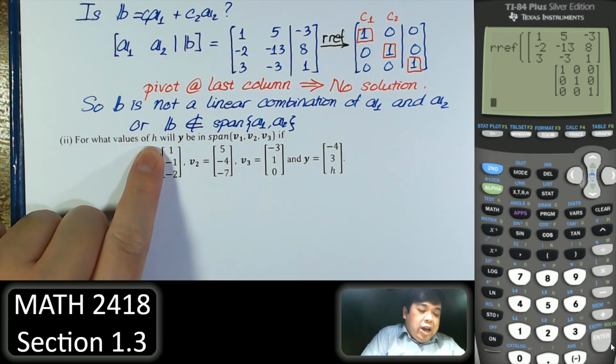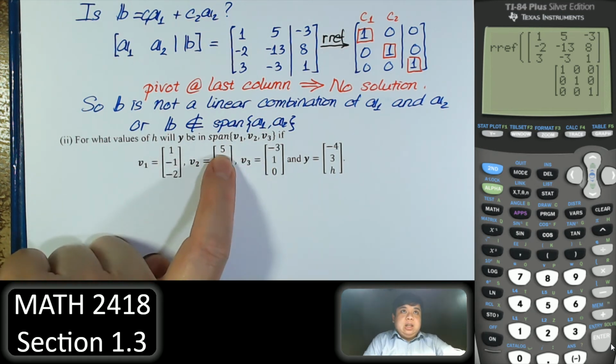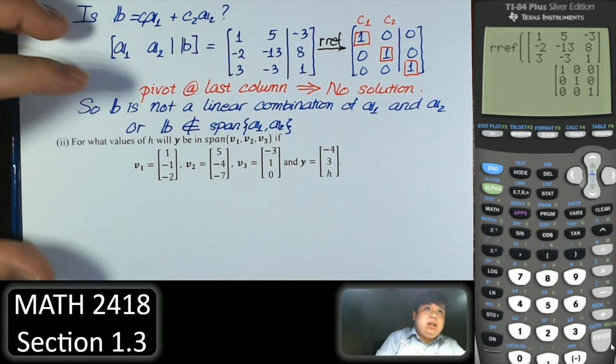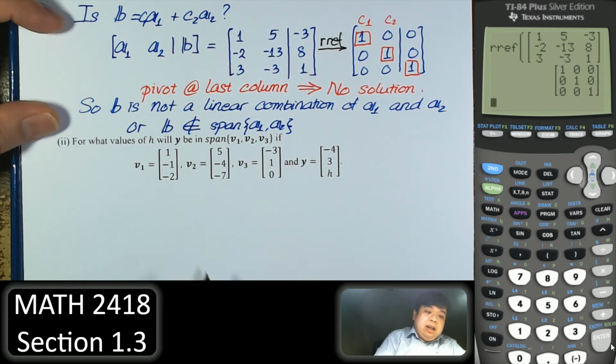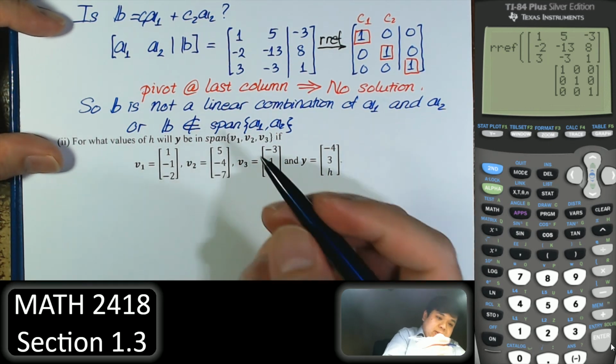Right, more examples. For what values of h will y be in the span of these three vectors? Once again, we're going to put that in the matrix and see if y is a linear combination of those three vectors.